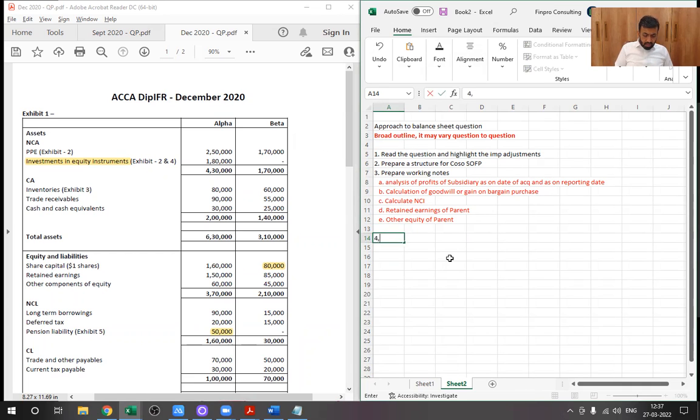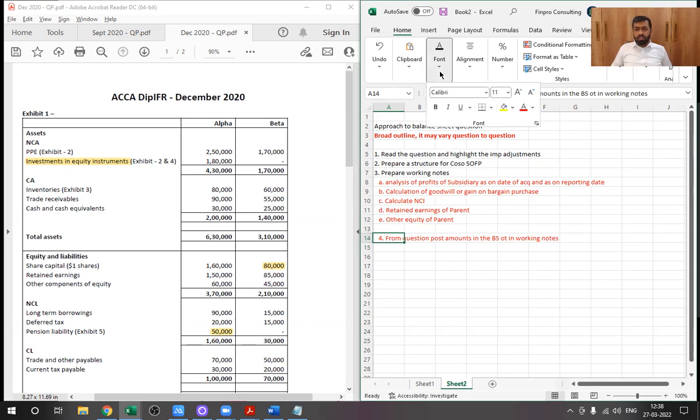Now, the fourth one is, from the question, post the amounts in the balance sheet and in working notes. So whatever working notes you have prepared, post those amounts in the balance sheet or working notes.